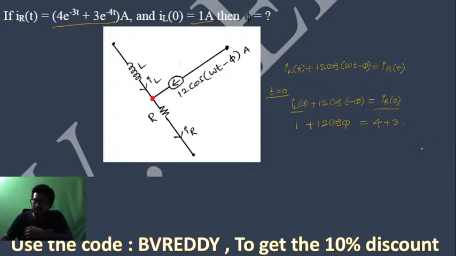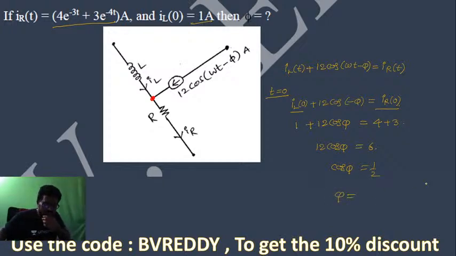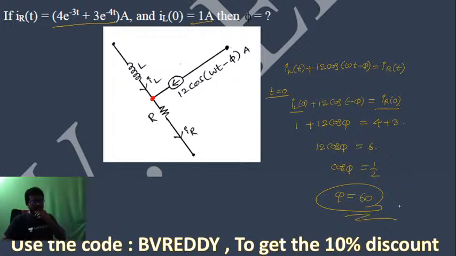So 12 cos 5 is equal to 6, that is cos 5 is equal to 1 by 2. That means 5 is this value. Over, isn't it? Completed, all of you. We got this cos 5. Chalo, next problem.